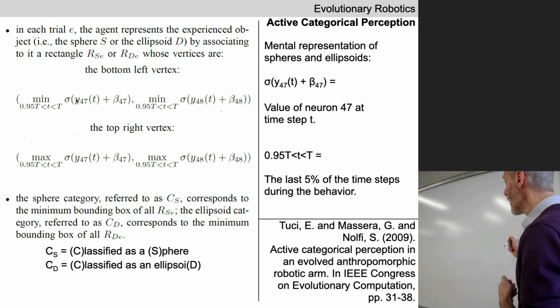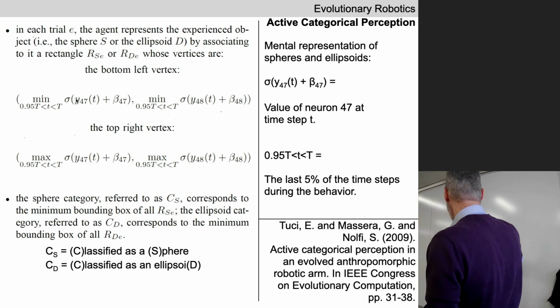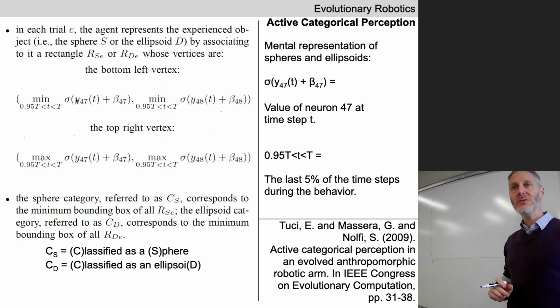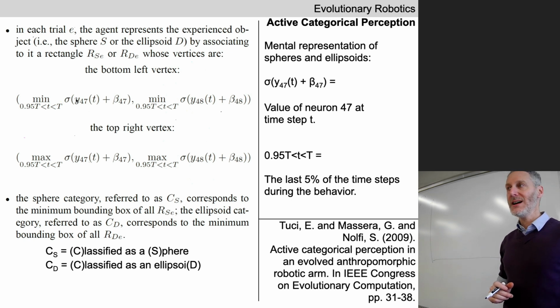And we ended last time by talking about these two categorization neurons, 47 and 48. And we drew a visual or geometric representation of what these two neurons are doing and how their values are going to represent the robot's voice, how it's going to try and tell us or tell the evolutionary algorithm how or whether it's performing active categorical perception.